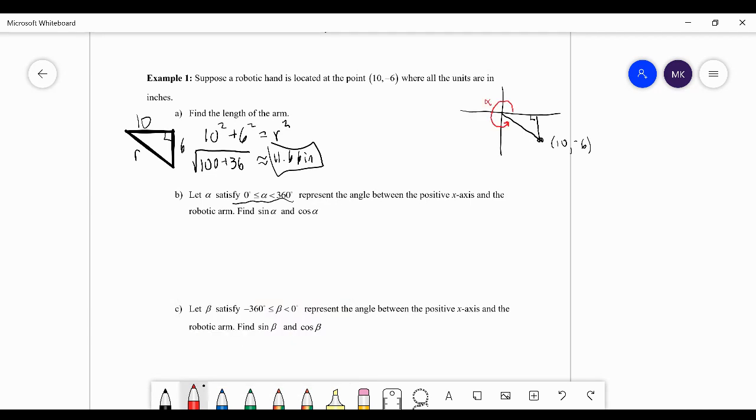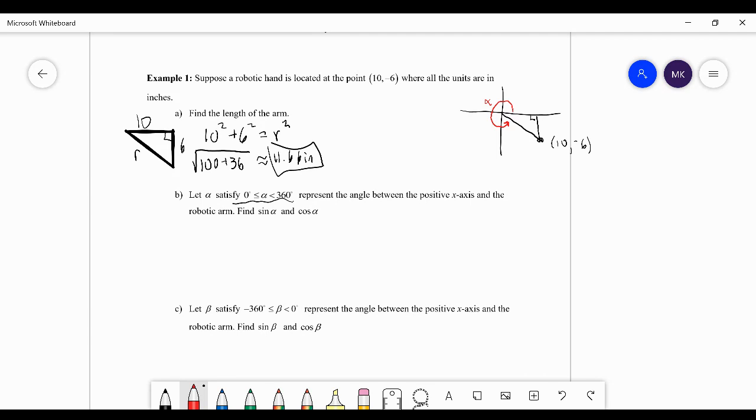this would be our angle alpha. Okay. So what do we do? Well, we just need to find our sine and cosine of that angle.